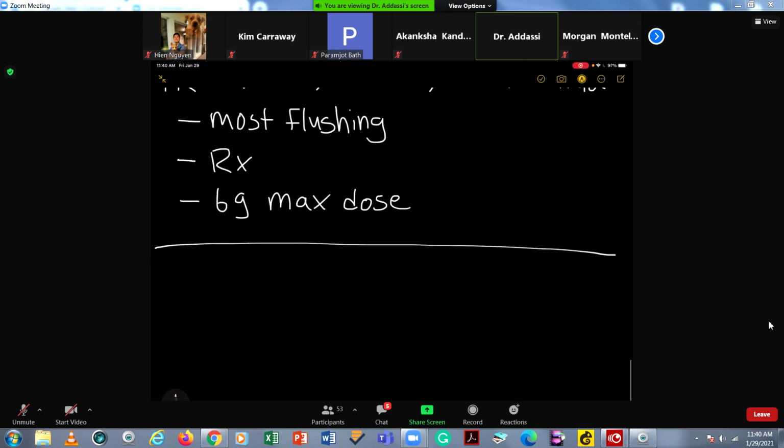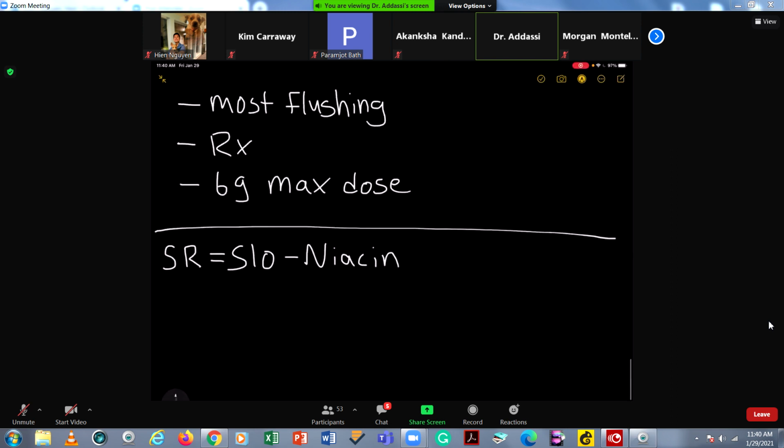Next, we have our sustained release niacin. Brand name is Slo-Niacin. Very original. Your SR is actually the over-the-counter formulation. Now, we know the IR formulation has the most flushing; the SR formulation has the most hepatotoxicity.